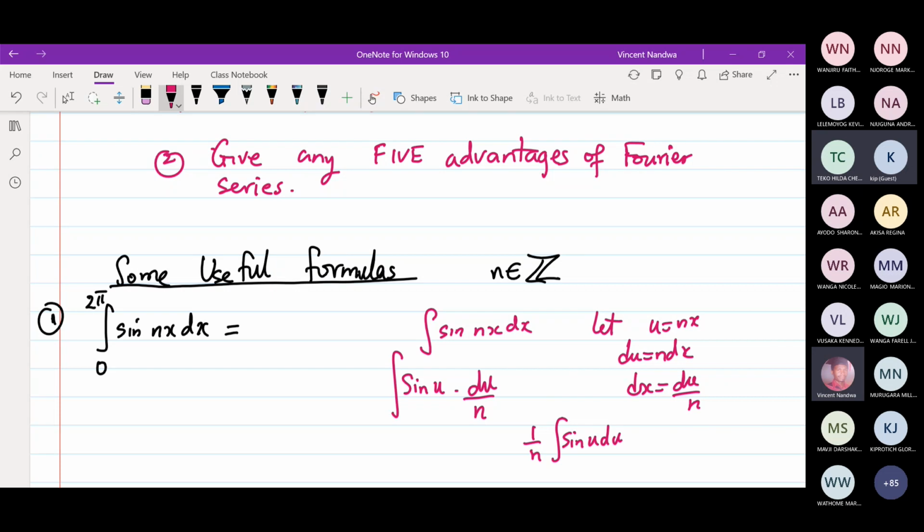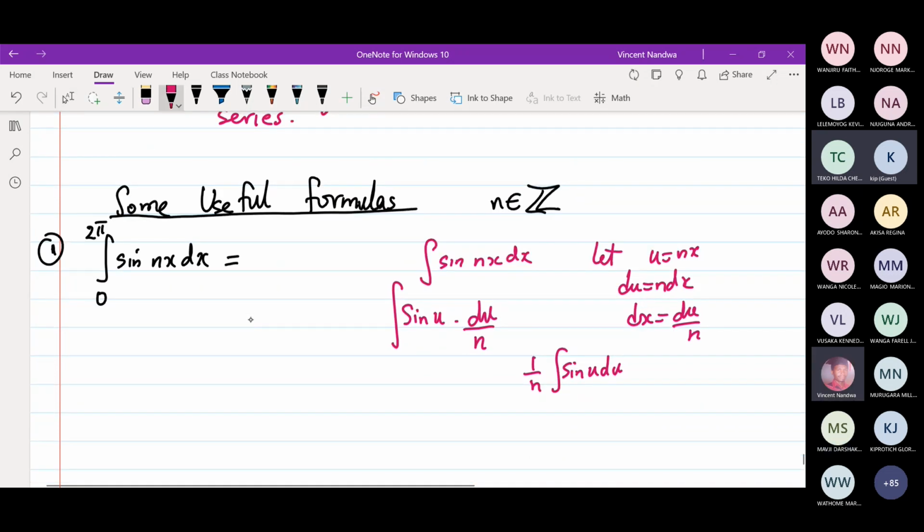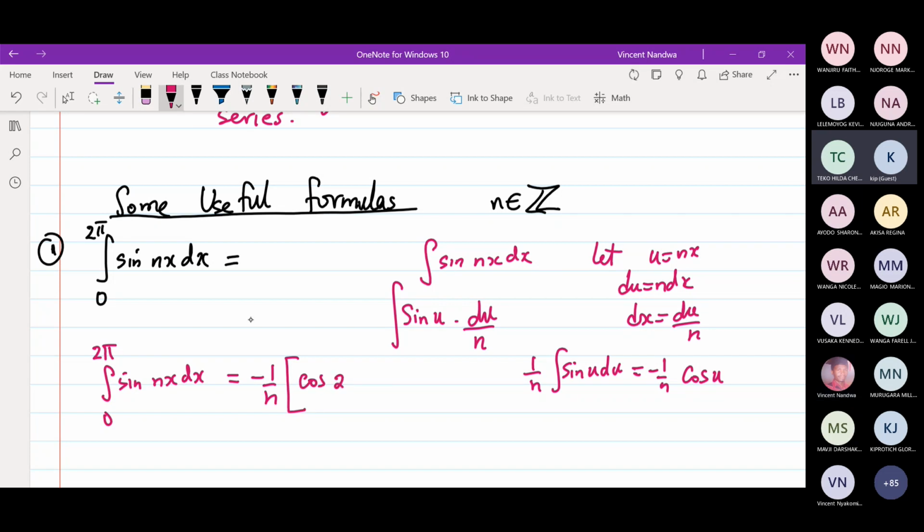And when you integrate a sine function, you get negative cos. So this is negative 1 over n cosine of u. So the integral 0 to 2 pi of sine nx dx is the same as negative 1 over n cos of nx, because that's the value of u, with x from 0 to x equals 2 pi.